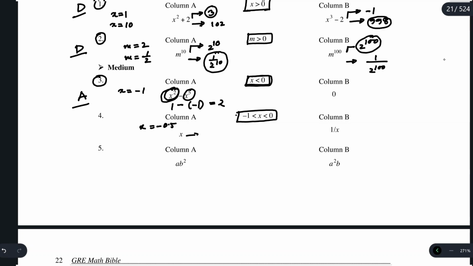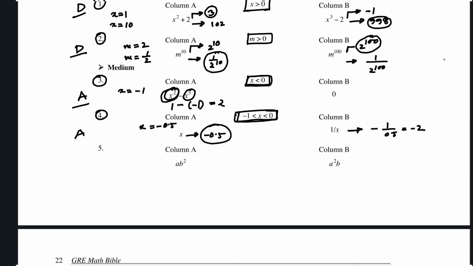So this will give us the value minus 0.5 over here, but here it will give us 1 by minus 0.5, which is minus 2. So whatever value we take, we will always see that column A has the greater value than column B, fulfilling these conditions. So the answer for question 4 would be A.